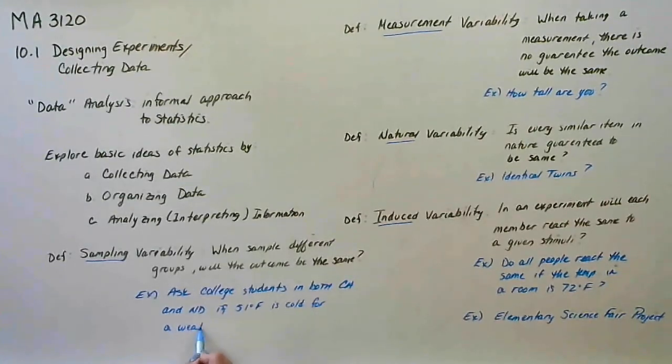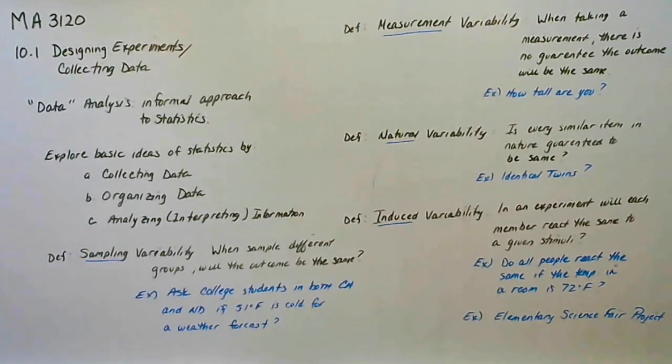We'll do it that way. And of course, it all depends on who you're sampling. All depends on who you're sampling. So that's what we mean by variation or variability in sampling.